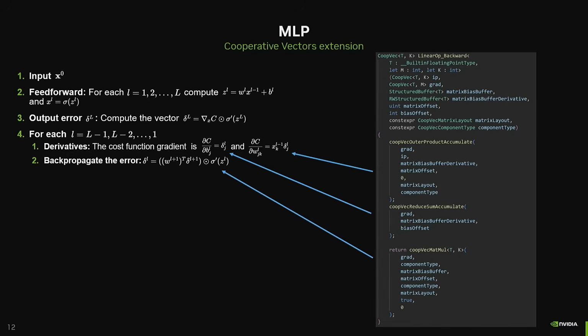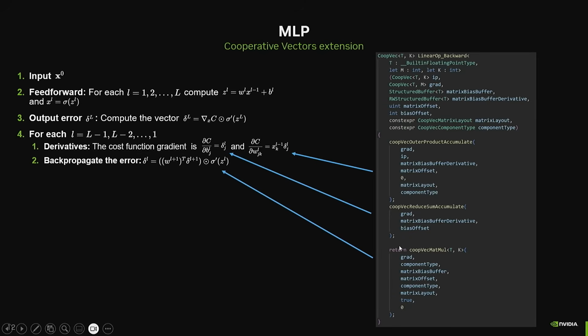The first one produces partial derivatives for weights, and the second one atomically accumulates those values for biases.